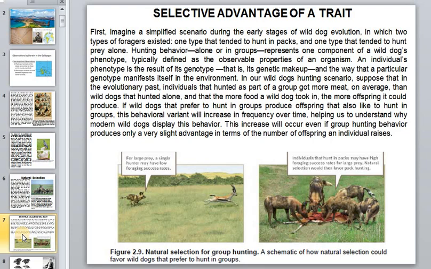First, imagine a simplified scenario during the early stages of wild dog evolution in which two types of foragers exist.